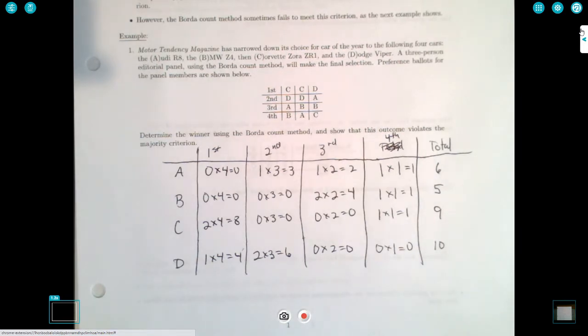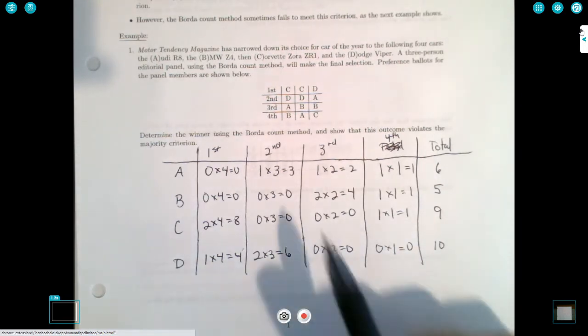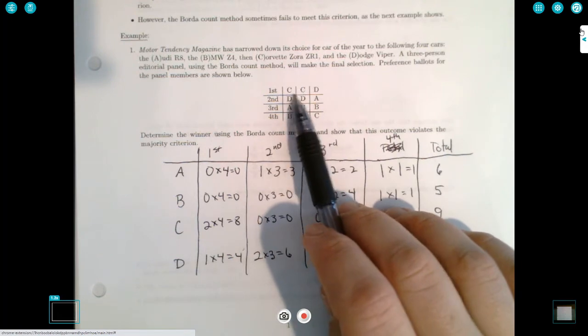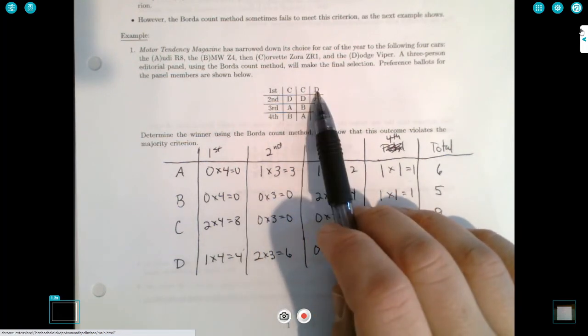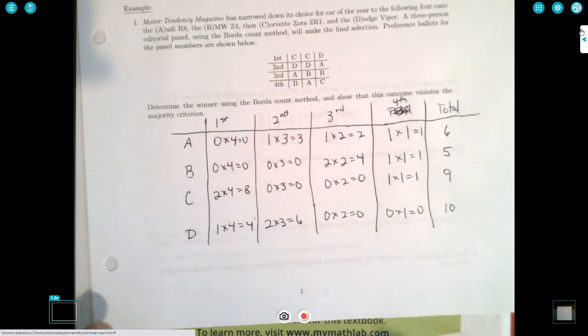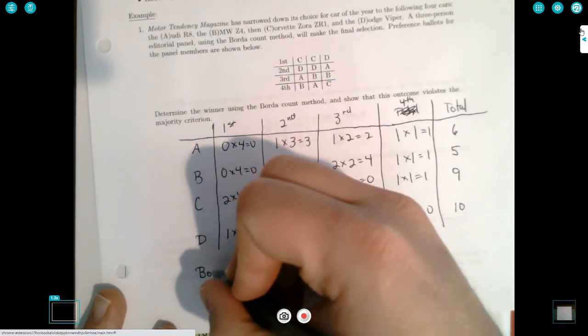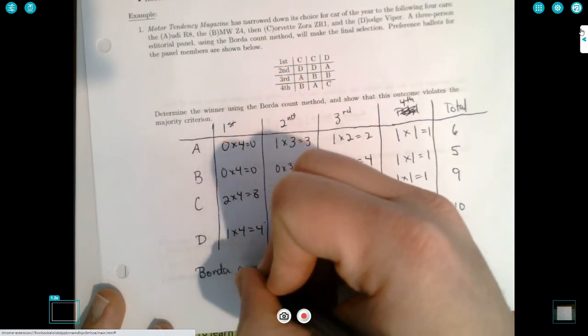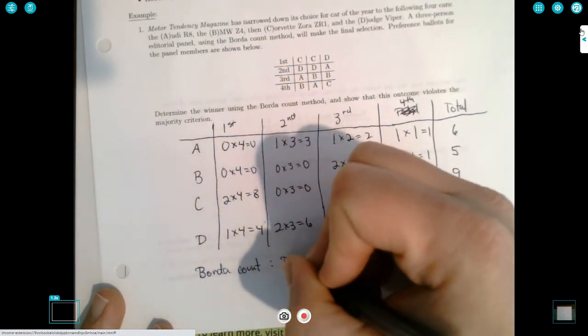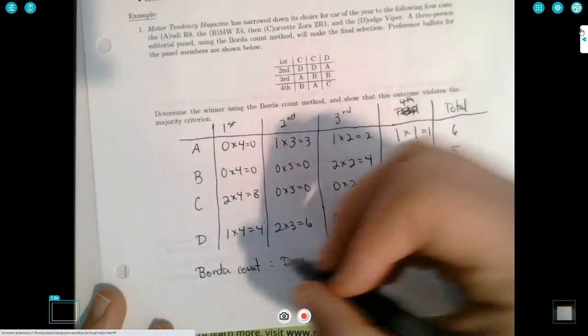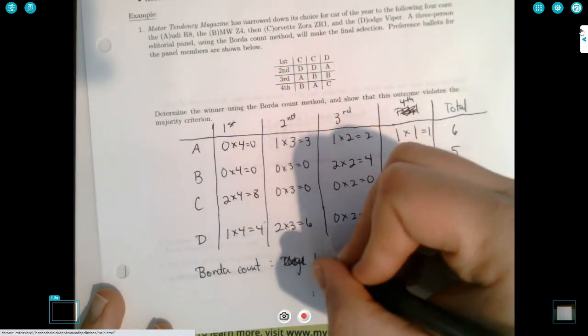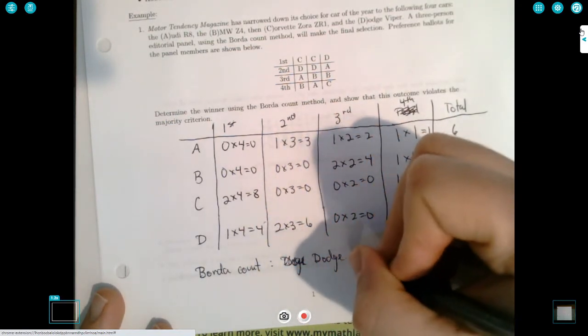Ooh, that's interesting, right? So even though the Corvette got the majority of first place votes, and therefore the Corvette should be the winner according to the Majority Criterion, the Borda count method will show us that Dodge is the winner, right? So according to Borda count, Dodge wins. Ugh, I missed a D. Dodge wins.